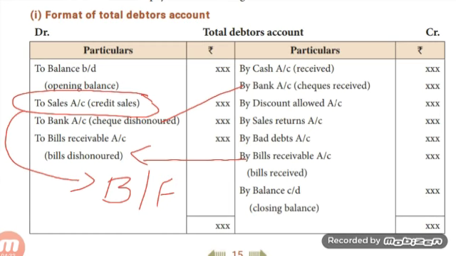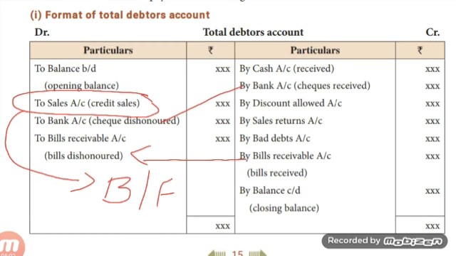If the bill is dishonoured, enter that on the opposite side, that means on the debit side as to bills receivable.